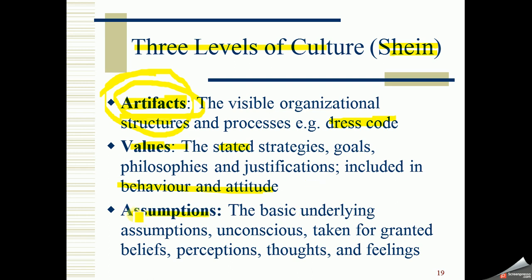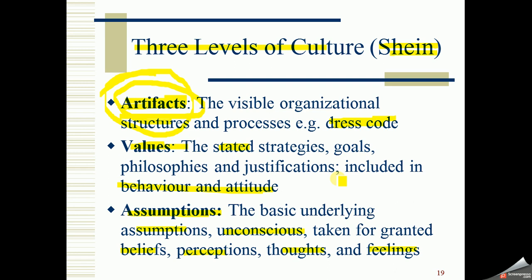The third and the lowest level is the assumptions. These are the basic underlying assumptions. They are unconscious, taken for granted beliefs, perceptions, thoughts, feelings, and so on and so forth. We all know that we have to be honest. We all know that we should never lie.